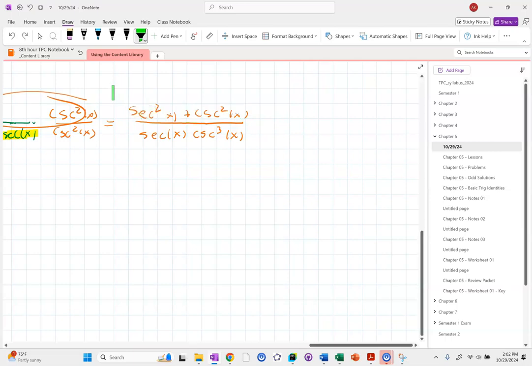What we want to do is use our reciprocal identities.